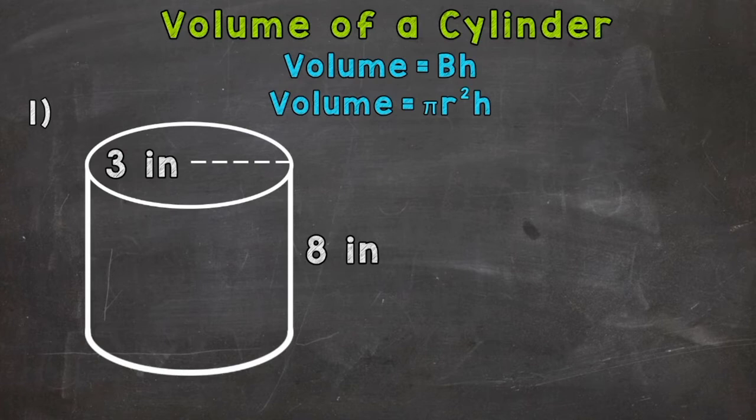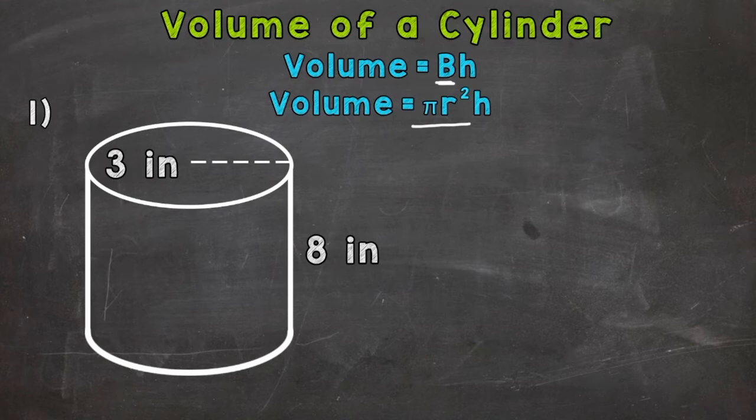Now pi r squared, that's the formula for the area of a circle. So in the case of this cylinder, our base is a circle. So the area of the base, that capital B, expanded out to the formula we're going to use, pi r squared, would give us that formula that's below. So they mean the same thing, they just look a little different.